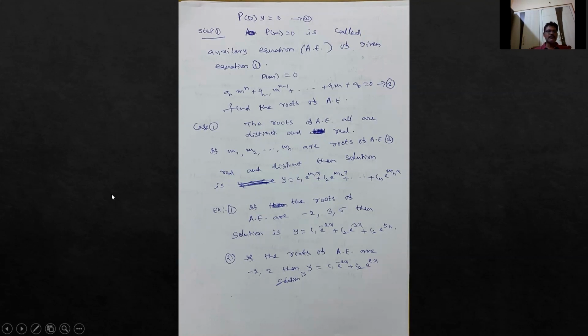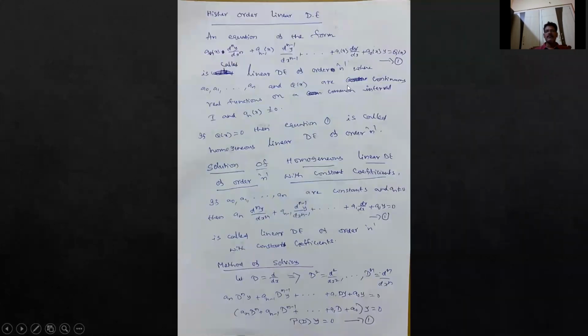Now, auxiliary equation means: the given equation we can write as P(D) y = 0, where P(D) = a_n D^n + a_{n-1} D^{n-1} and so on, a_1 D + a_0.